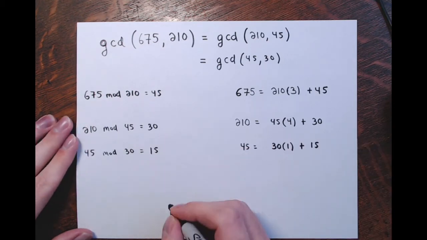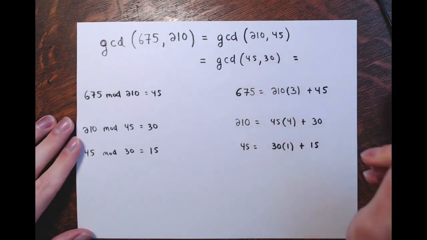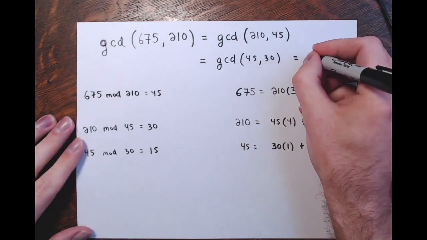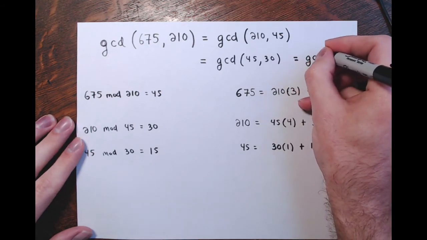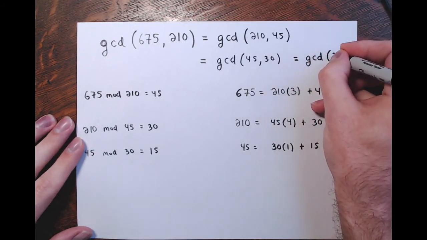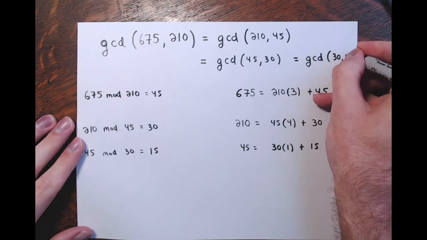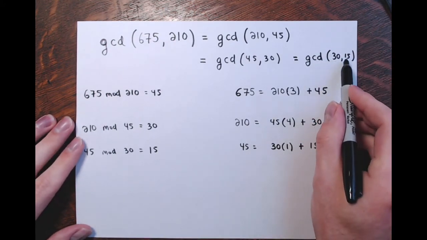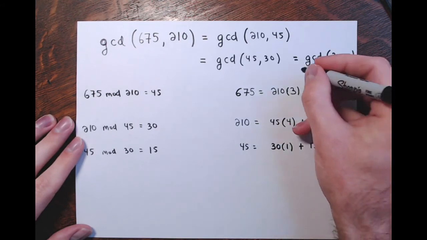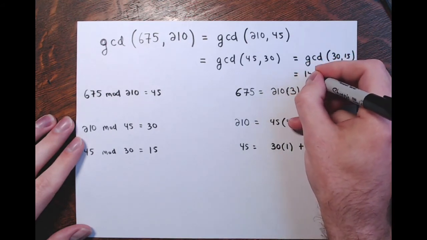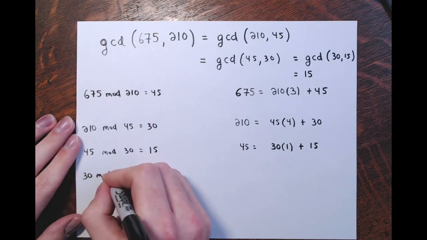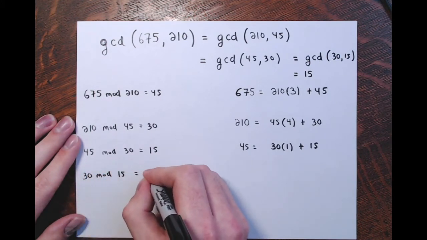And then one more application of that greatest common divisor theorem. The greatest common divisor of 45 and 30 is equivalent to the greatest common divisor of 30 and 15. But you see that 30 is a multiple of 15, so this is just 15. And 30 mod 15 is 0. So you stop.